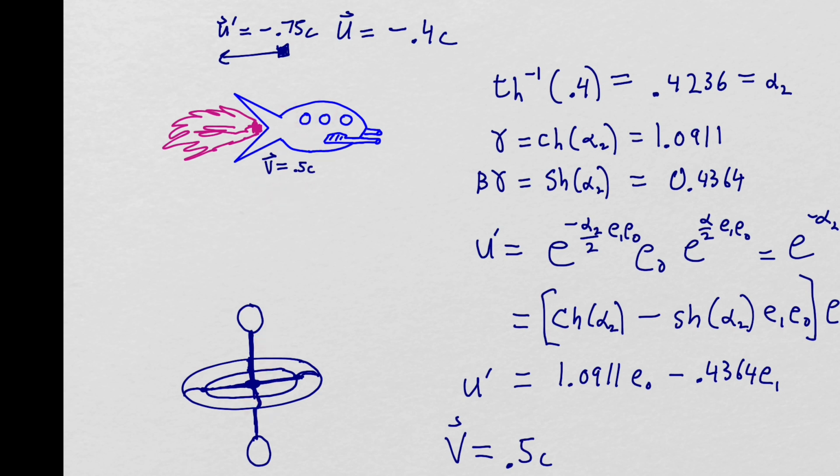We're in the space station, and we measure the speed of the spaceship v, and we measure the speed of the bullet, and we get minus 0.4c. Now the question we're going to ask, just to toss it up a little bit, is: what does the spaceship think this bullet is doing? And we better get an answer of 0.75, right? So we're going to take the givens as this and this, okay?